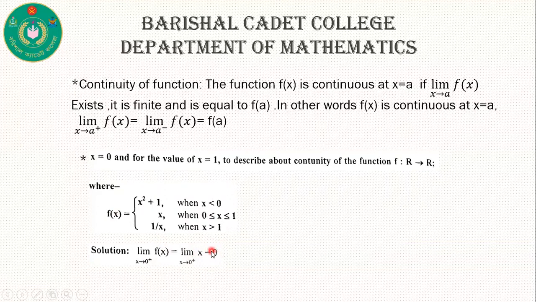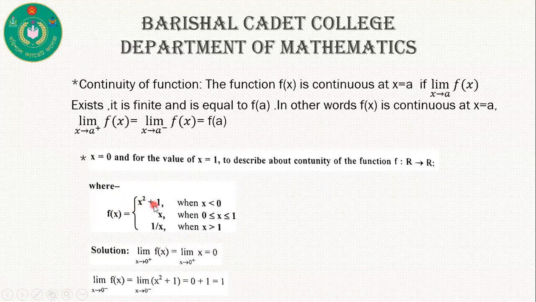In the same way, limit x tends to 0 minus. 0 minus means the value of the function for x less than 0. When x is less than 0, then the function f of x is equal to x square plus 1.